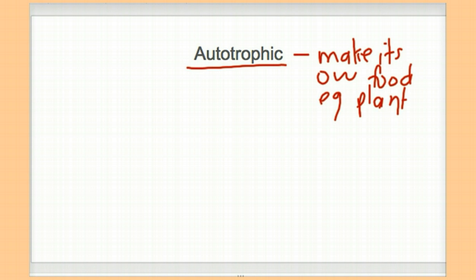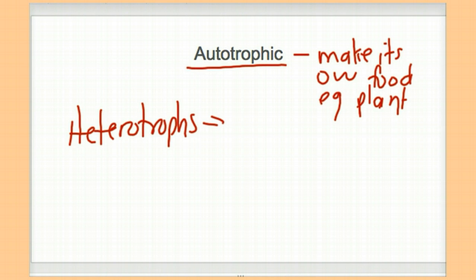An organism that cannot make its own food and therefore relies on other organisms for food is a heterotroph.